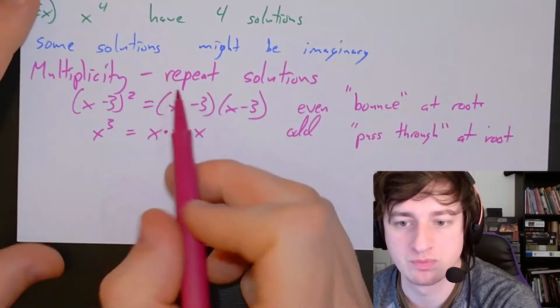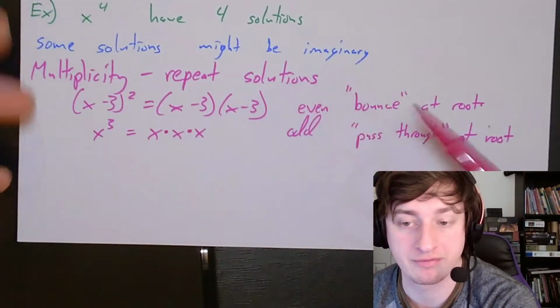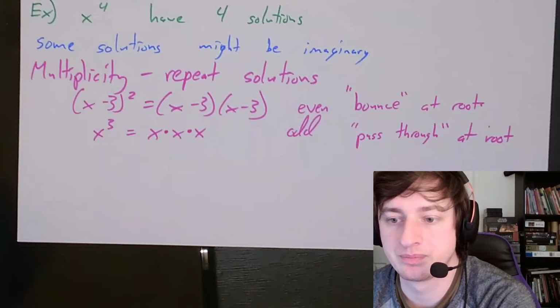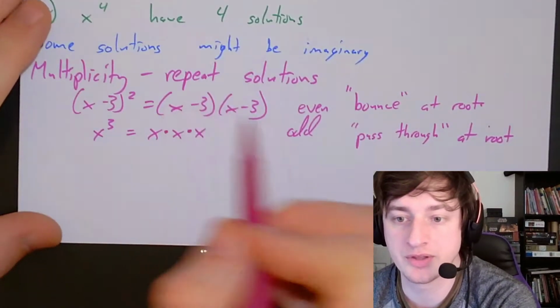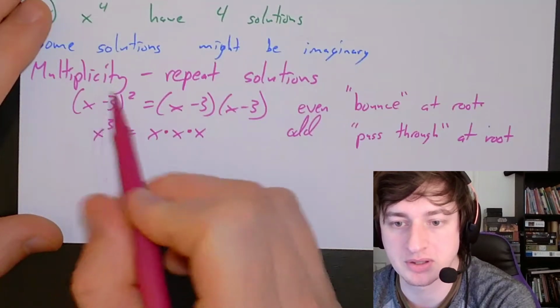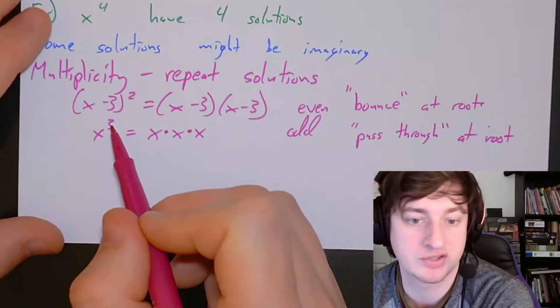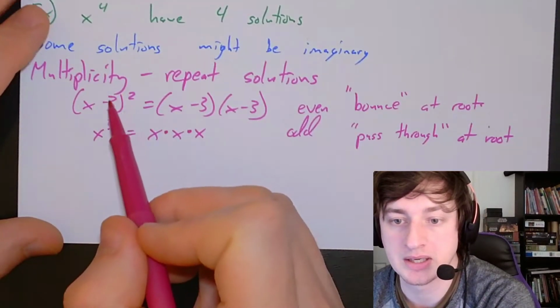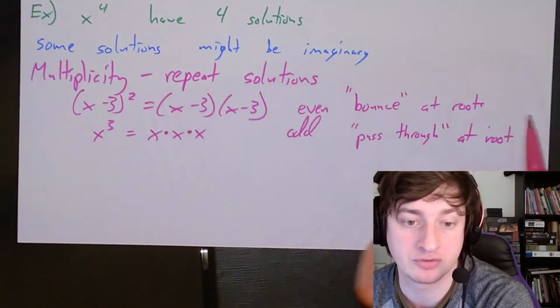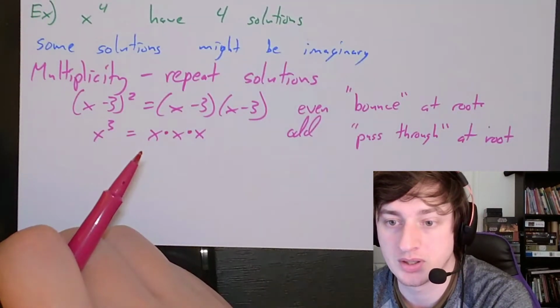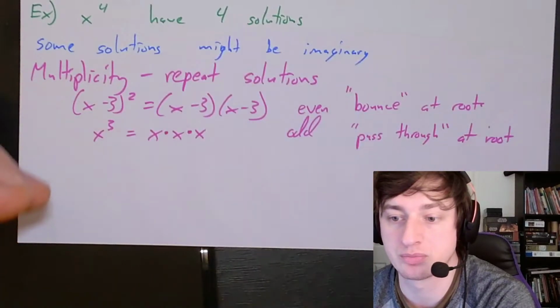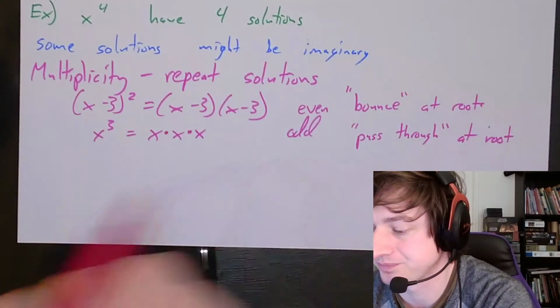And we'll talk about this more when we actually start graphing. But for now, just be aware that you might get copies of the same thing. You might get x cubed as a greatest common factor. You might get x minus 3 squared after factoring. So it may be that we come up with multiple copies of the same thing.